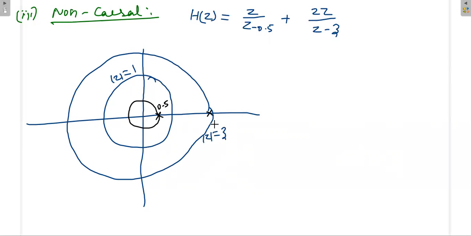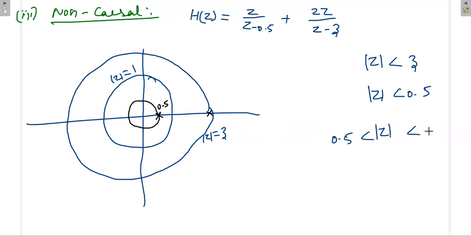Now what are all the possible ways? Definitely I may choose mod z less than 3, or otherwise I may choose mod z less than 0.5, or otherwise I may choose mod z greater than 0.5 and less than 3.